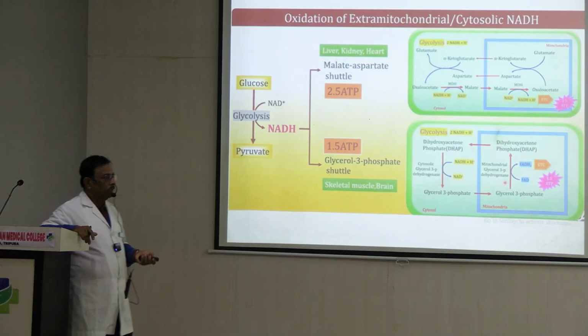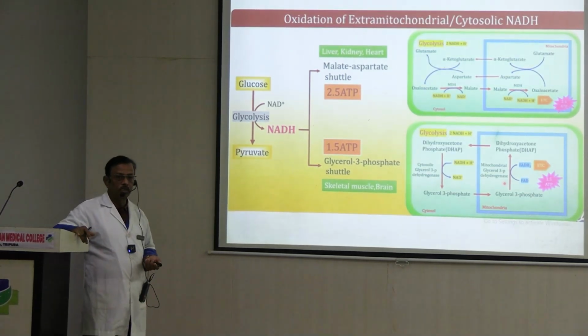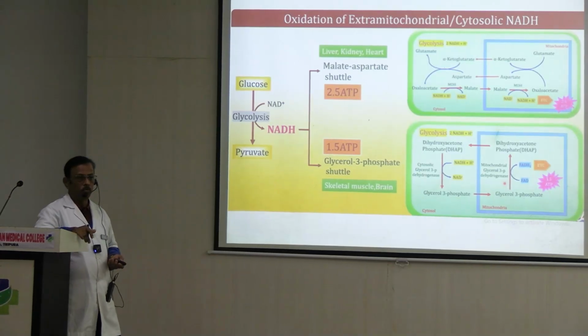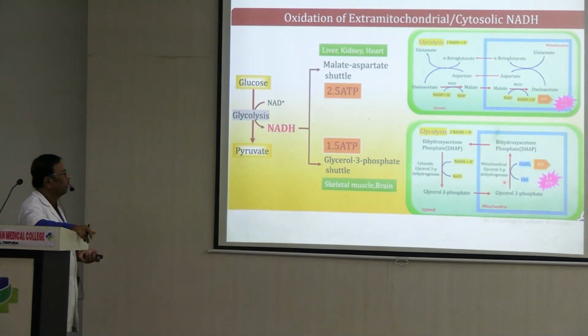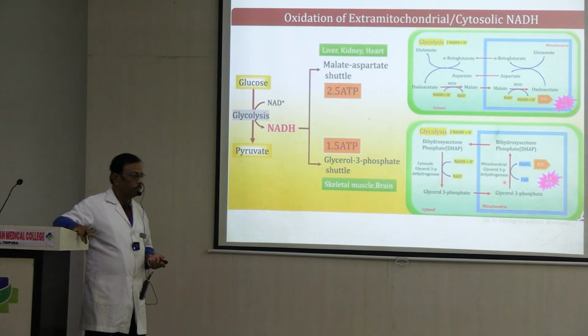In this way, the malate aspartate shuttle functions for transferring the reducing equivalent NADH from the cytosol to the mitochondria.